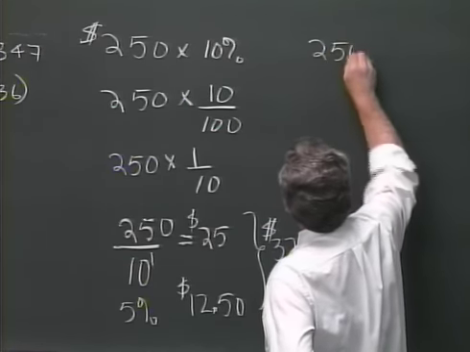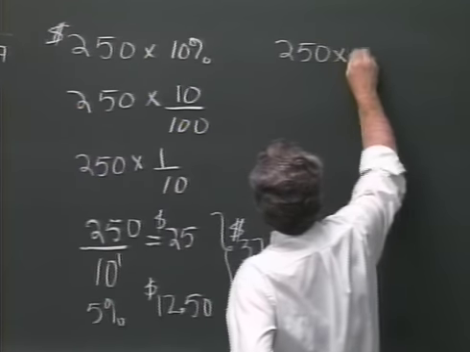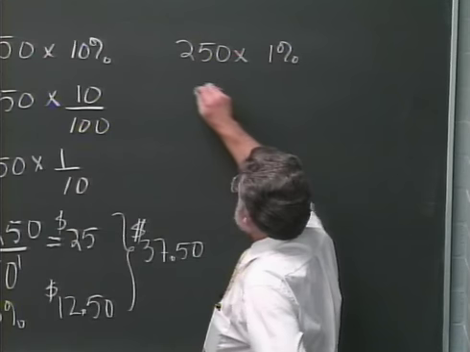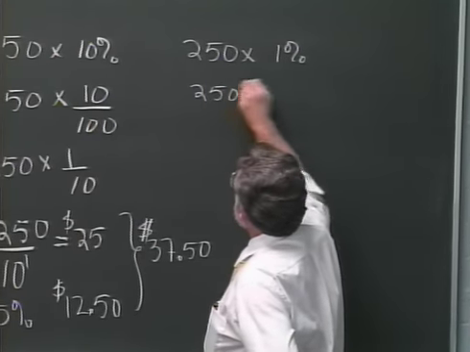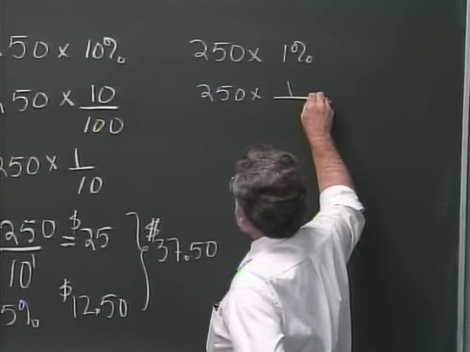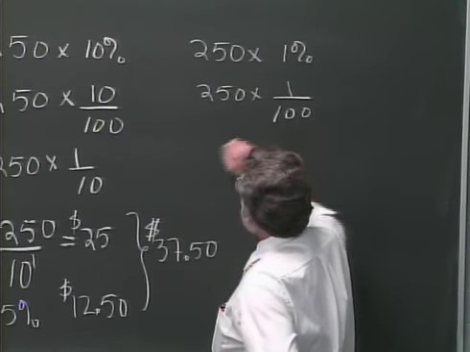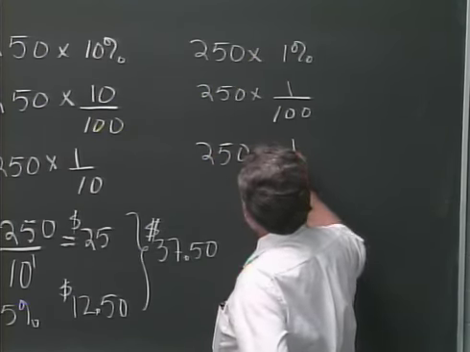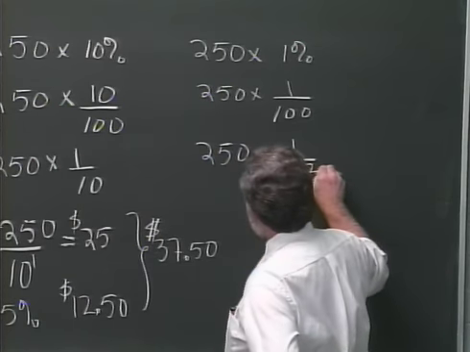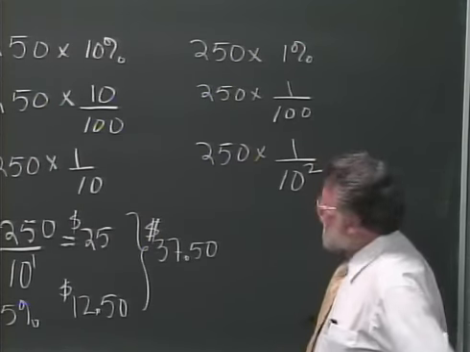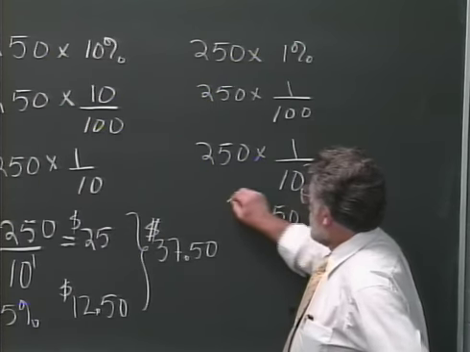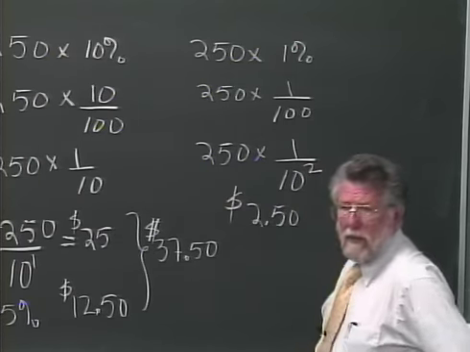So if I started with 250 and I wanted times 1%, then the argument is that that is really 250 times 1 over what? 100. But that then is really 250 times 1 over 10 to the second. And yes, you move the decimal 2 places to the left, so that'll be $2.50 for 1%.